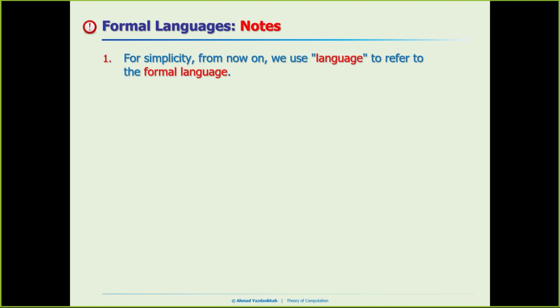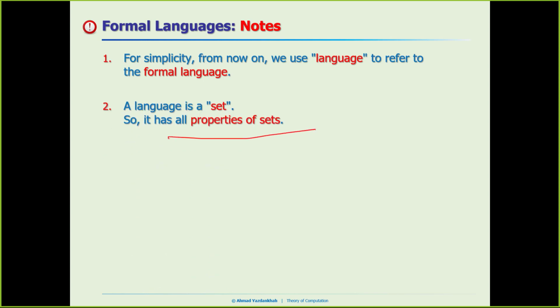From now on, when I say language, I mean formal language. Also pay attention that a formal language is a set. A set of what? A set of strings. Since it is a set, it has all of the properties we mentioned for sets, all properties.